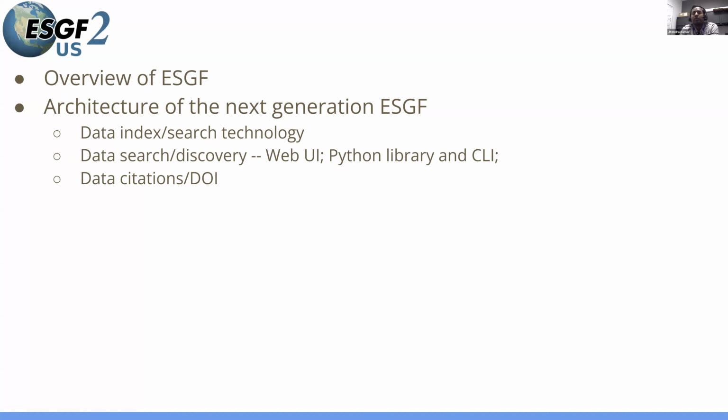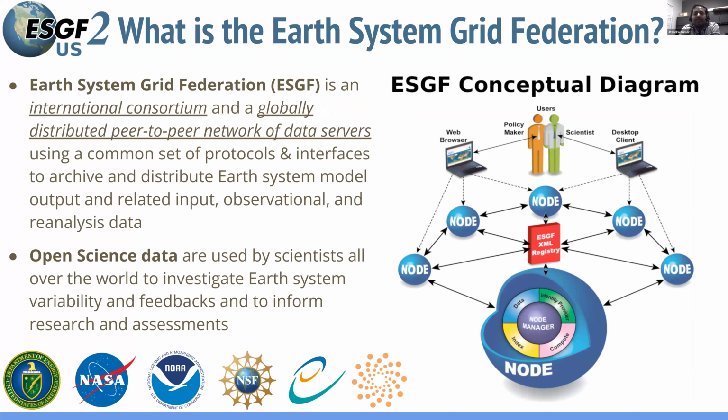Otherwise, I'll keep going. The Earth System Grid Federation is an international consortium of a globally distributed peer-to-peer network of data servers. One nice thing about ESGF is that every node within the network follows a similar set of protocols and interfaces and deploys exactly the same software stack everywhere.